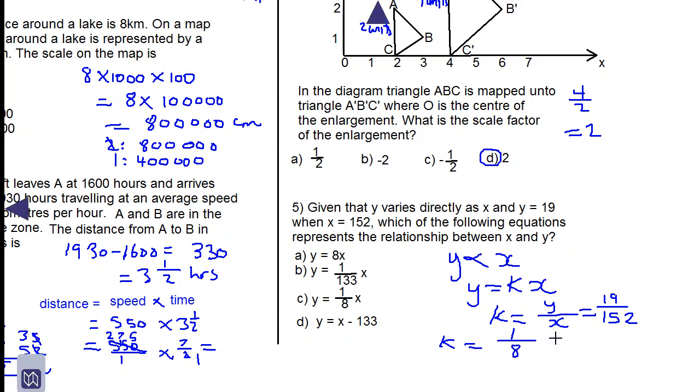Alright. We now substitute this back into our equation, and we will get y equals, instead of kx, 1/8 multiplied by x. So this is the relationship between y and x. We first had to work out the constant k. Our answer is C. y is equal to 1/8 times x.